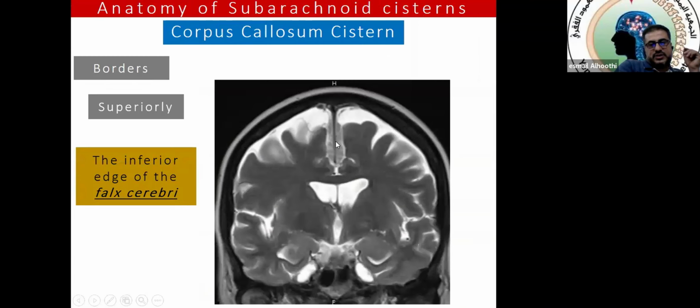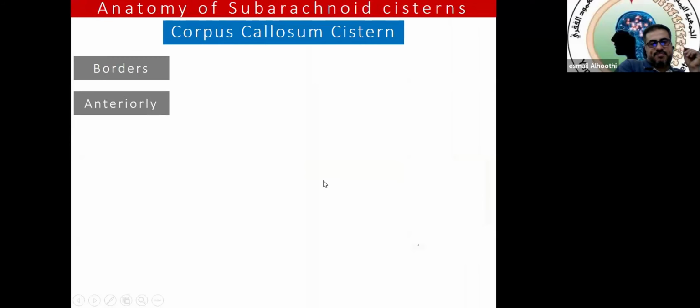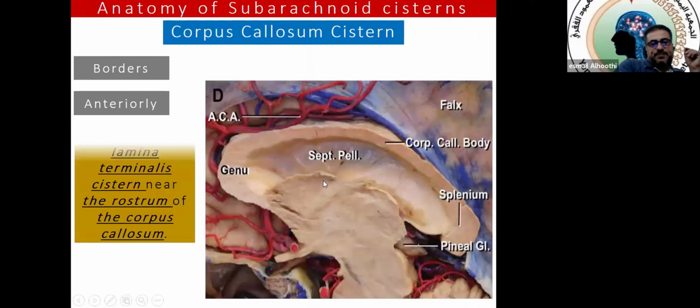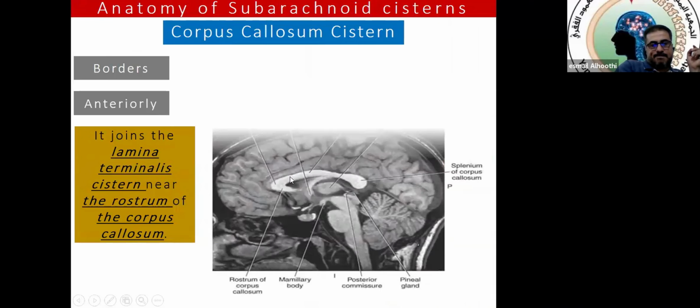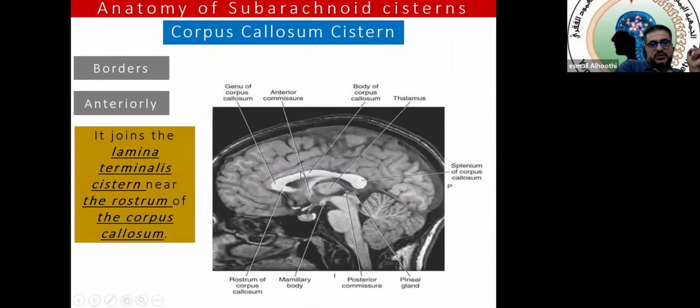As you see here, this is the falx. This is the cistern just above the corpus callosum. Anteriorly, it joins the lamina terminalis cistern. Here is the lamina terminalis cistern, which communicates with the corpus callosum cistern at the rostrum, just here.